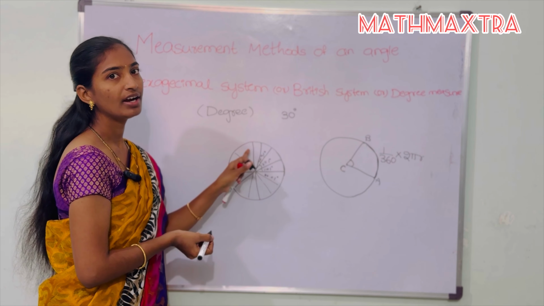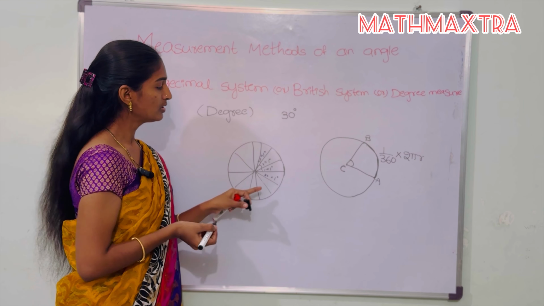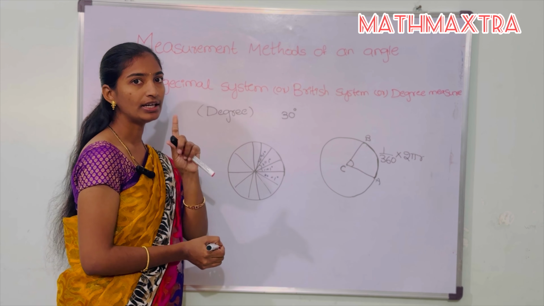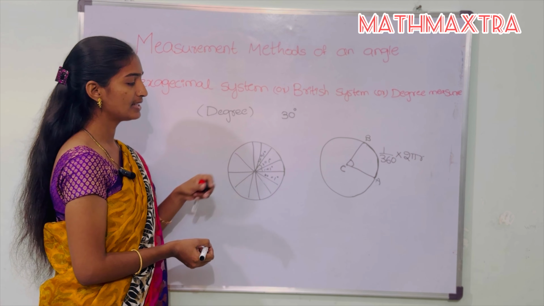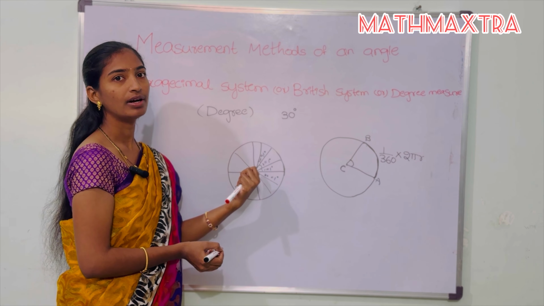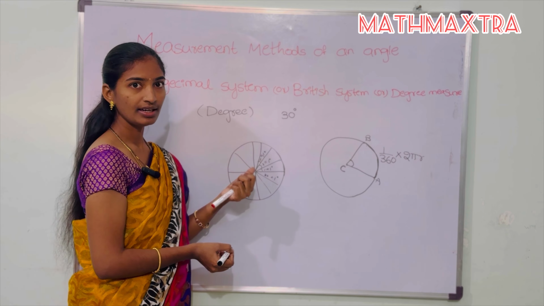Means we are dividing the circle into 360 equal parts. Each part we call 1 degree. So it has 360 equal parts, and the complete rotation is equal to 360 degrees.